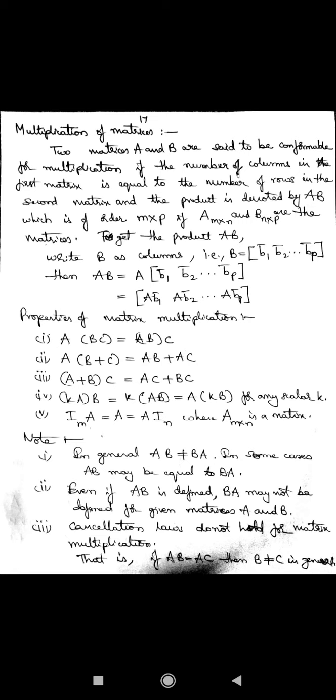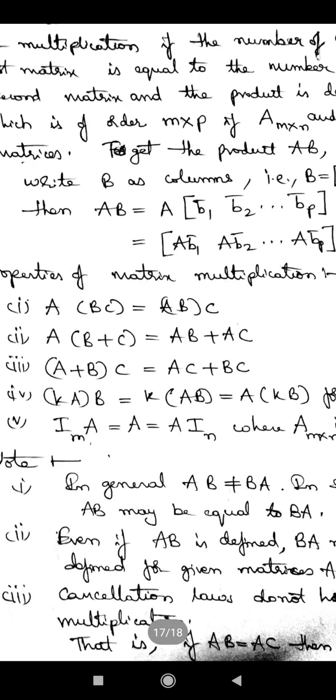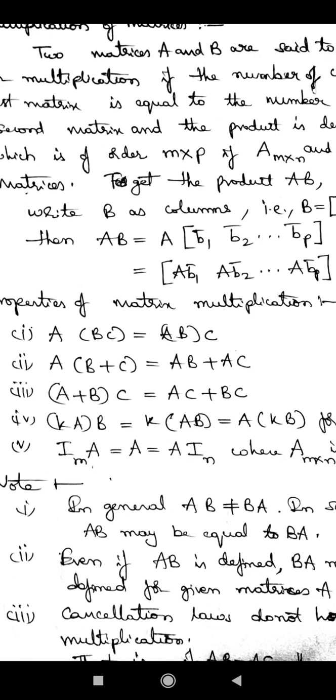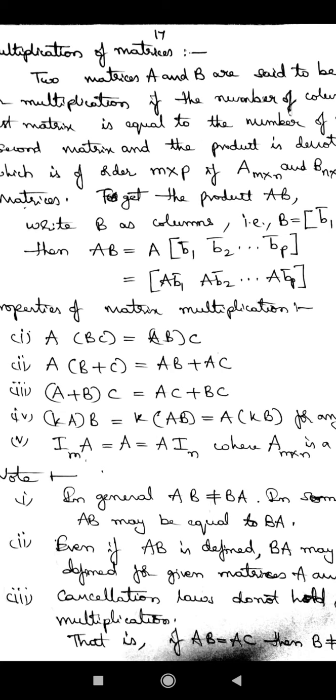Properties of matrix multiplication. These properties hold good only when all these products are conformable, that is, all these products can be formed. The first property says that A times BC is equal to AB times C. That means associativity with respect to multiplication is satisfied by matrices.